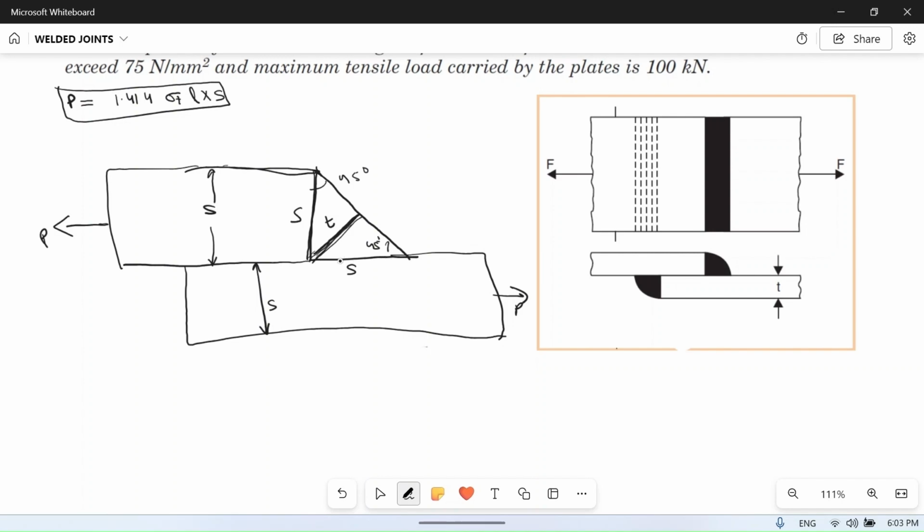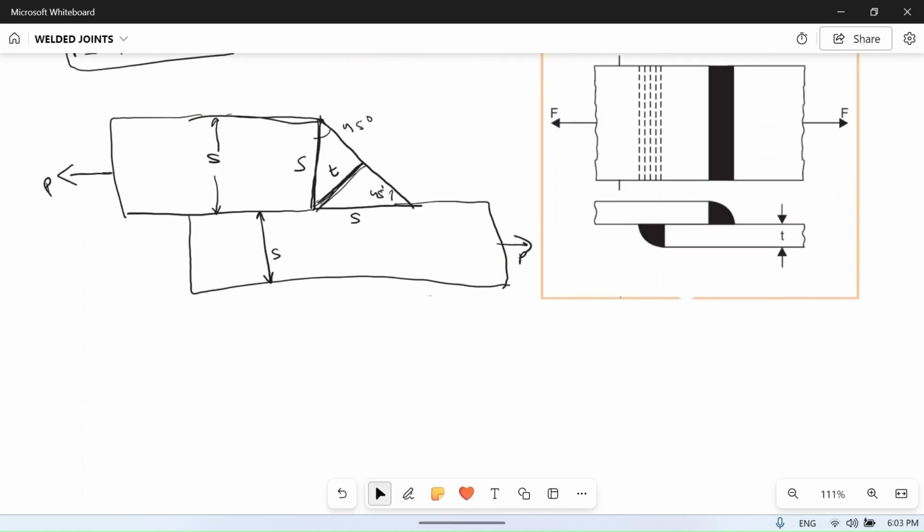If you move here, you can see S is bigger than T, so T is the minimum length of the weld, the throat thickness. So here the welded joint will be very weak. What is T? Here sine 45 degrees equals T by S, so T is equal to S sine 45 degrees.